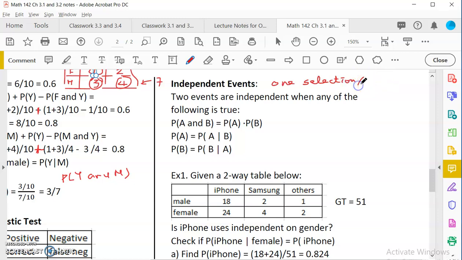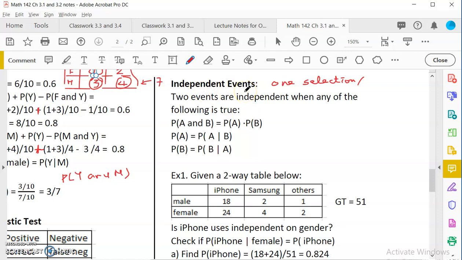We're not talking about doing one and then tossing two times. Tossing two times also has independence, but it would be in the next section, 3.3 and 3.4. So in 3.1 and 3.2, we are always talking about one procedure, looking at one selection and looking at one sample of subjects.